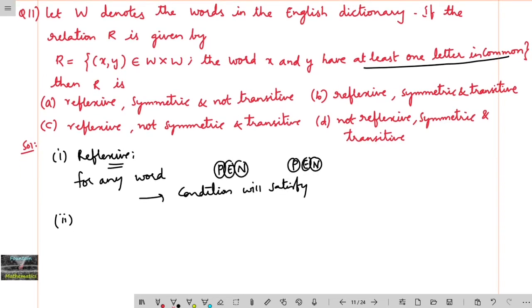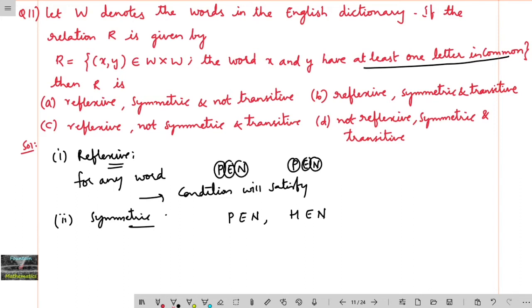And coming to the second one, symmetric. Suppose any word you take like P-E-N, and we can take one more, H-E-N. P-E-N is one word and H-E-N is another word.